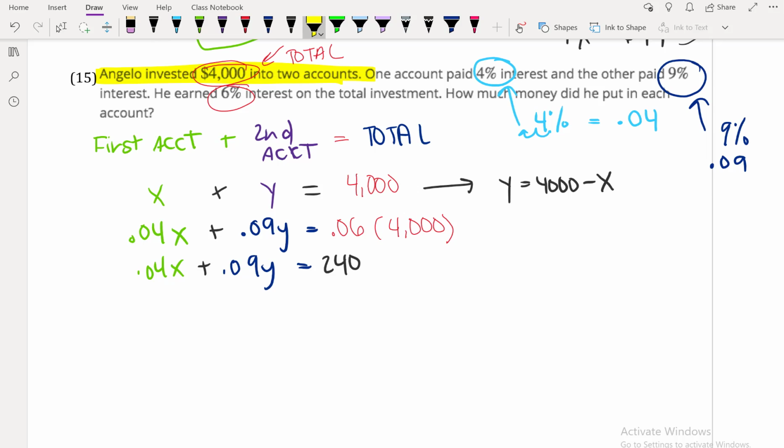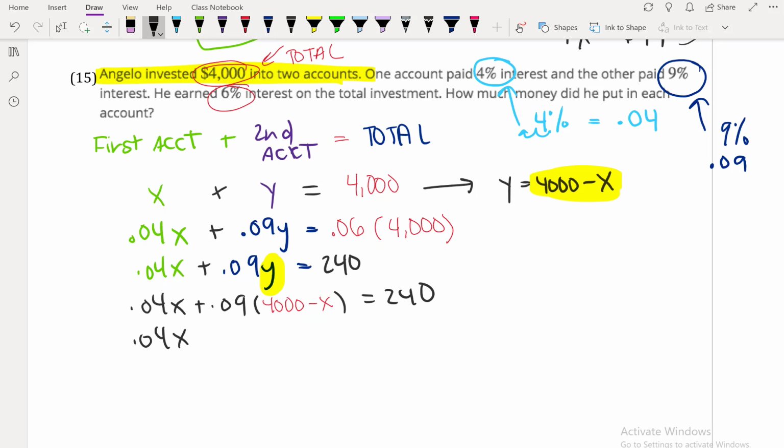So I'm going to substitute this 4,000 minus x into the y variable here. So that I have 0.04x plus 0.09 times 4,000 minus x is equal to 240. So now to distribute, 0.09 times 4,000 gives me 360 minus 0.09x is equal to 240.